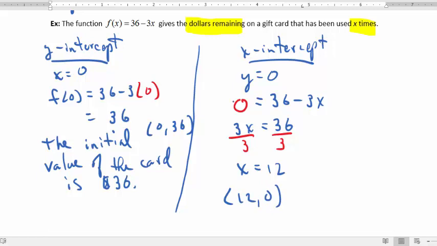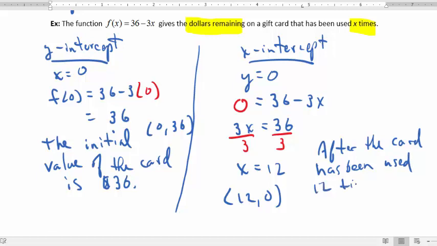So in this case, 0 is the amount remaining, and 12 is the number of times it's been used. So what we're saying here is, yes, it is like an ending point, because after the card has been used 12 times, it has $0 remaining, or it just has no value.